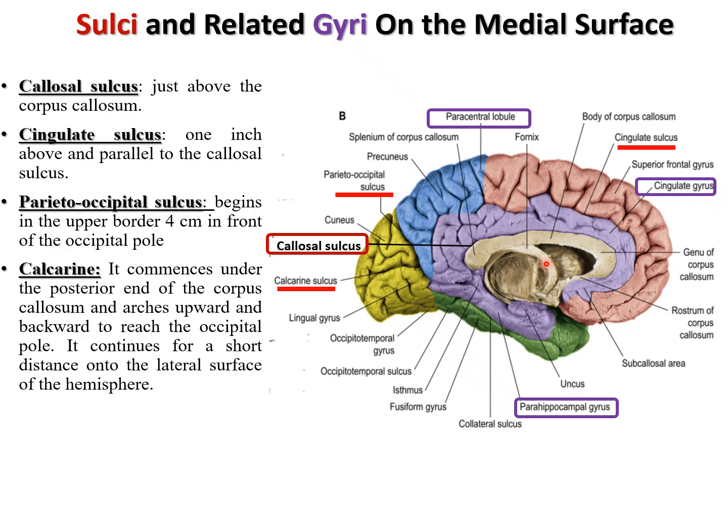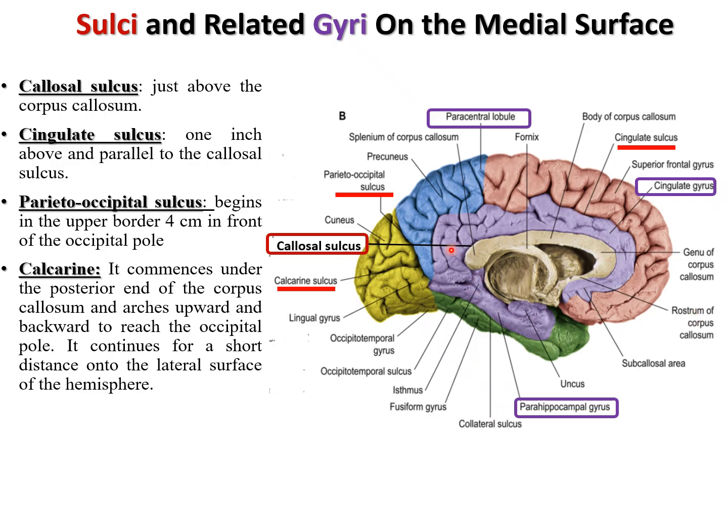Here is the medial surface, for example. By the way, sulci are underlined in red, and the gyri are framed in violet, like the previous slide. For example, here is the corpus callosum.